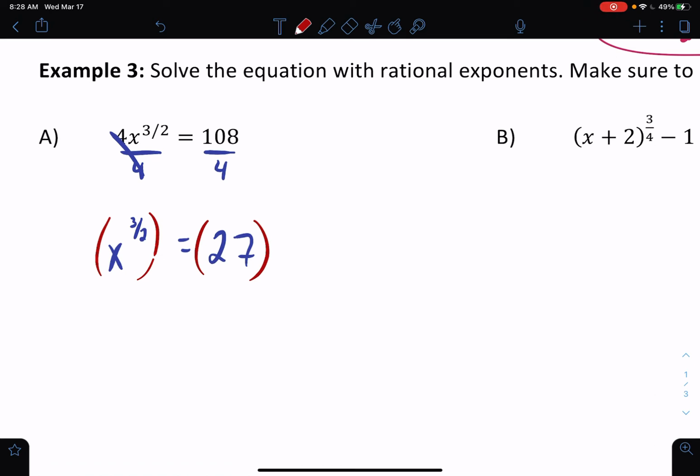I need to raise both sides because I want this exponent on the x to become 1. Well, what do I multiply a fraction by to make it become 1? I multiply it by its reciprocal, because 3/2 times 2/3 is going to cancel each other out. So then I'll get x equals 27 to the 2/3 power.